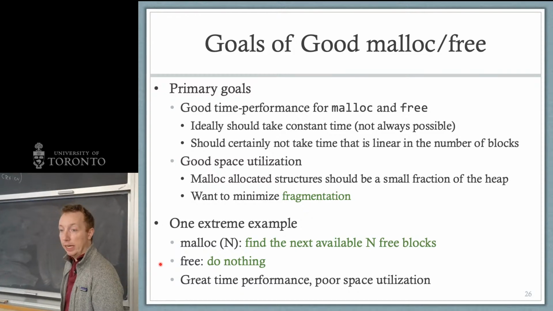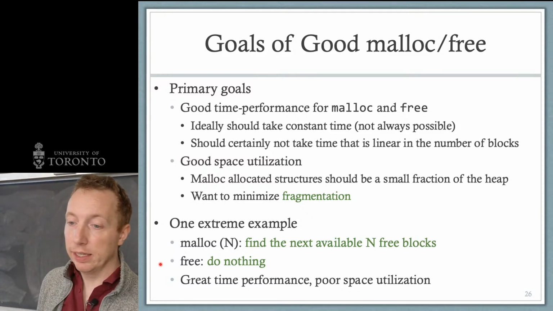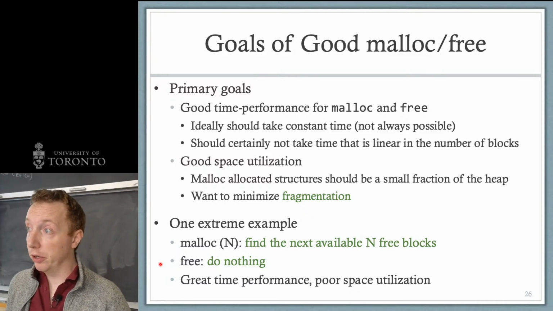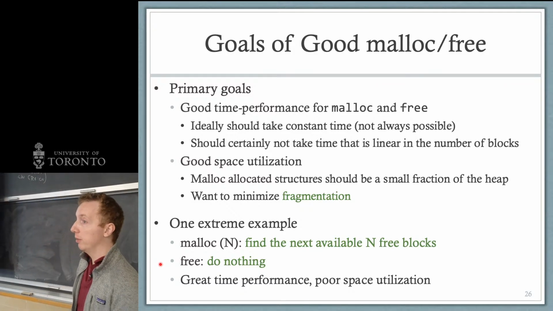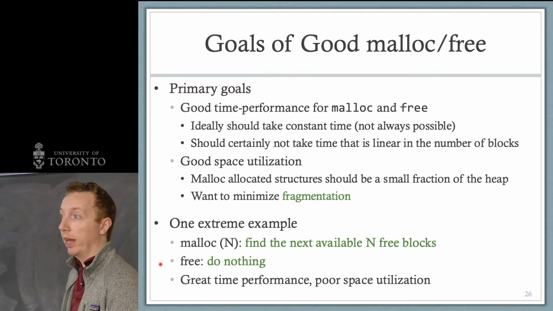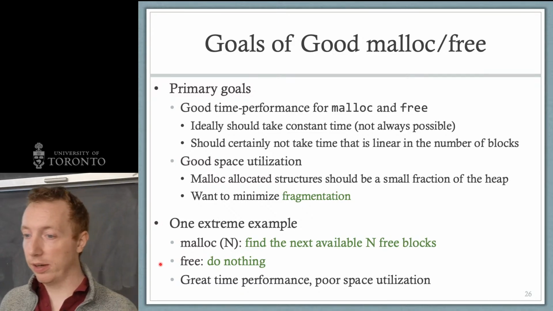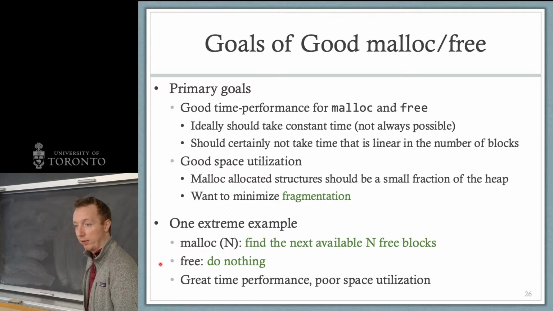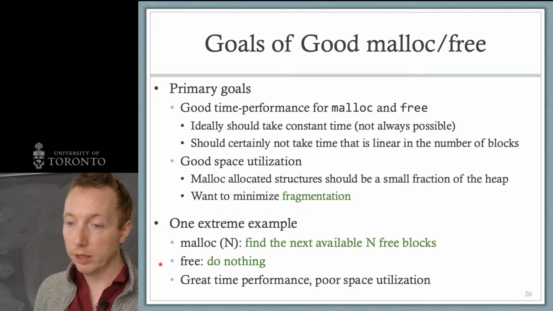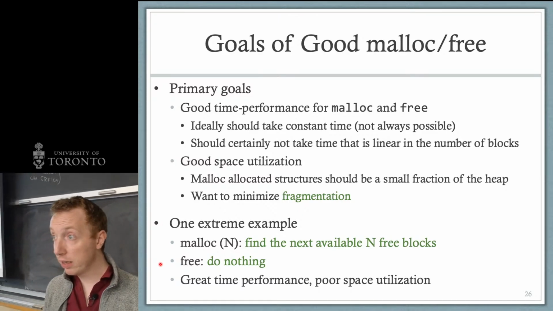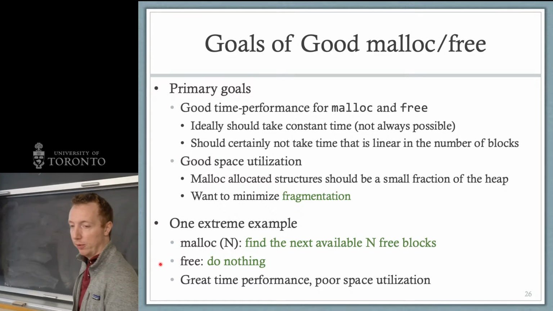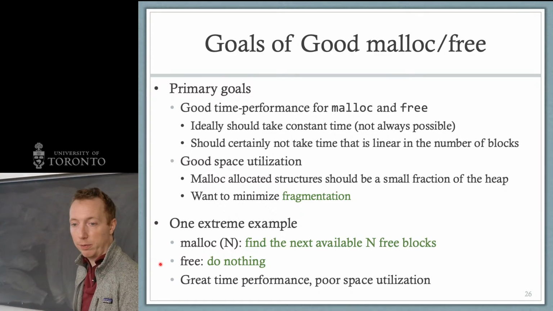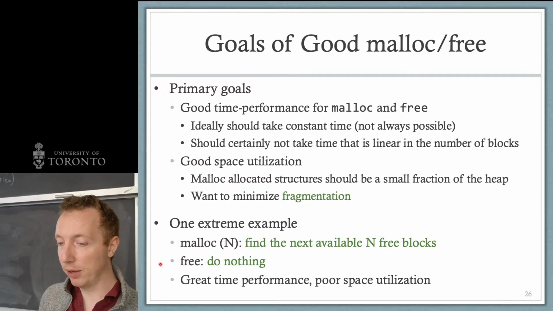So if we're writing a good malloc and free, we want good runtime performance. Whenever we call malloc, it shouldn't sit there and decide for 10 seconds, otherwise you probably won't use it, even if it picks the smartest placement. So ideally, it should take constant time. That's not always possible, but it should of course be as quick as possible.